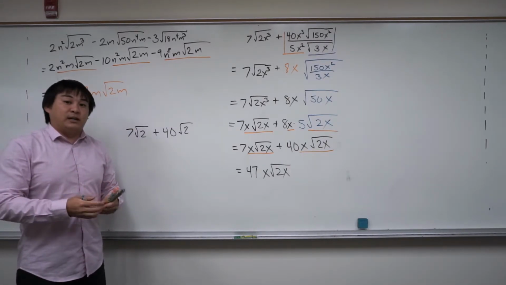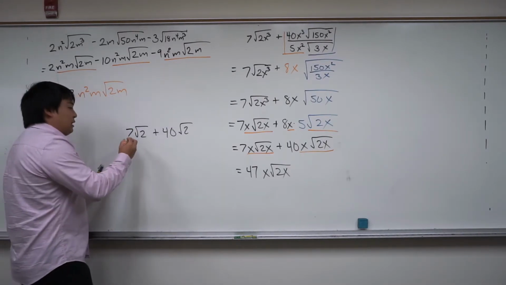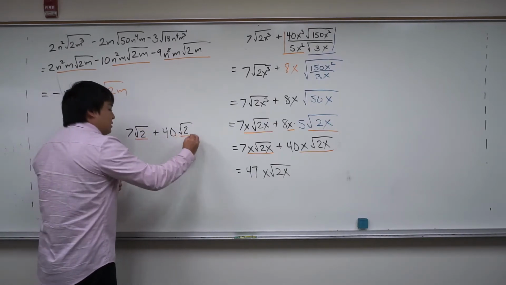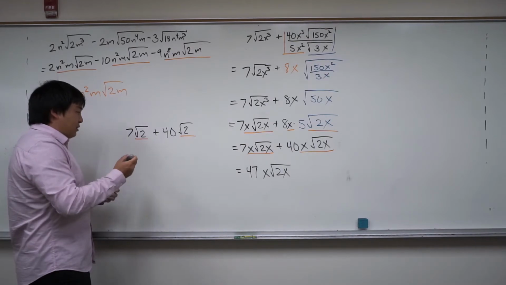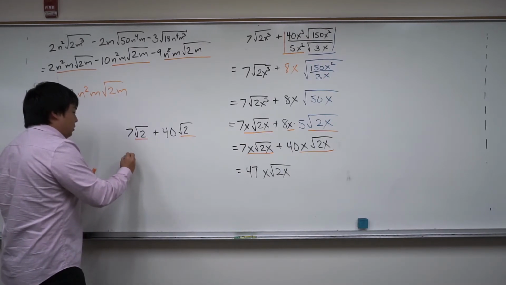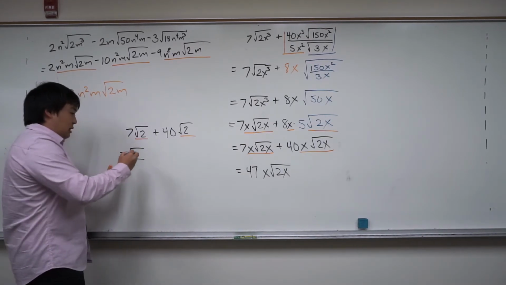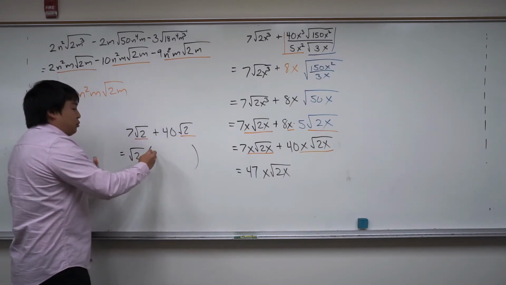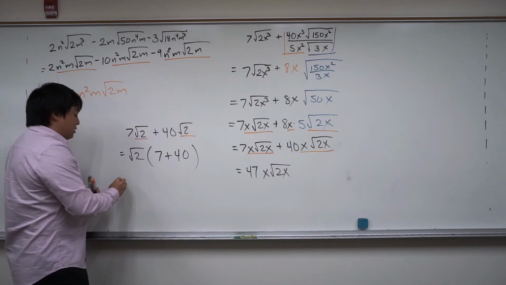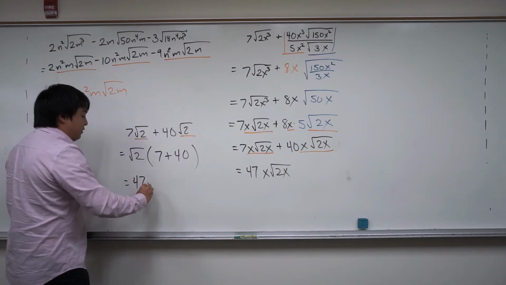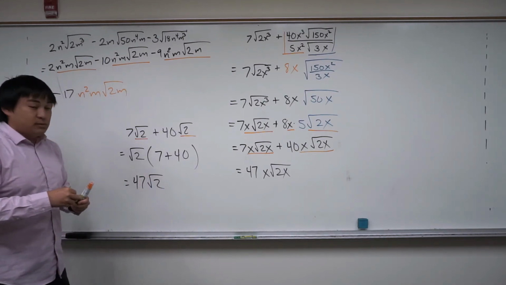You can simplify this one because they still have something in common, which is the root 2. So I can factor that out. And then in the parentheses goes whatever was left over, just the 7 and the 40. So in total, there are 47 square root of 2's.